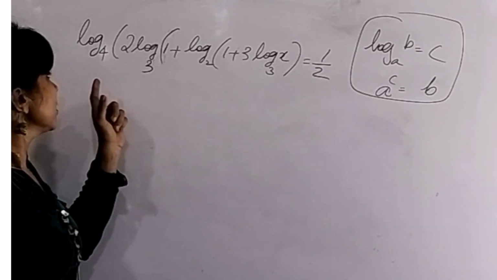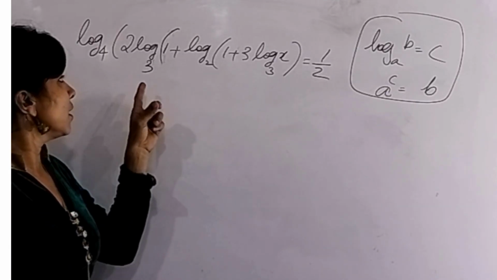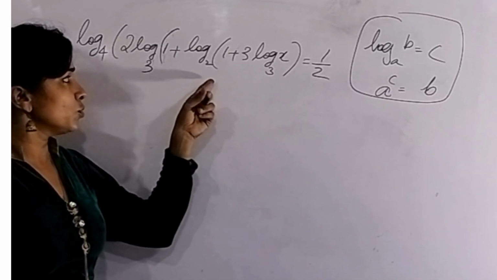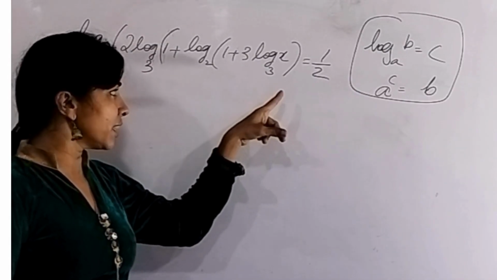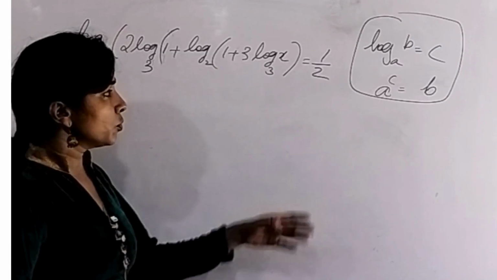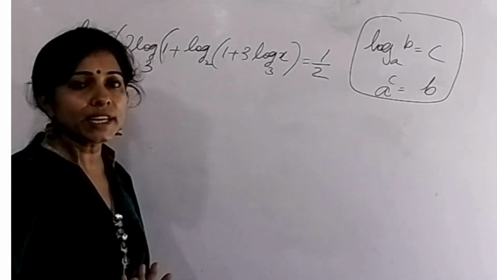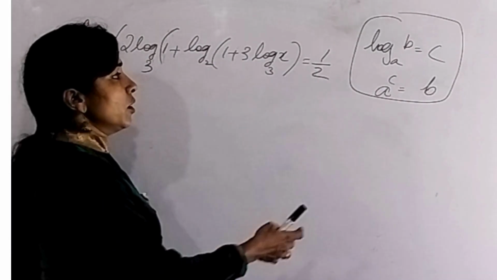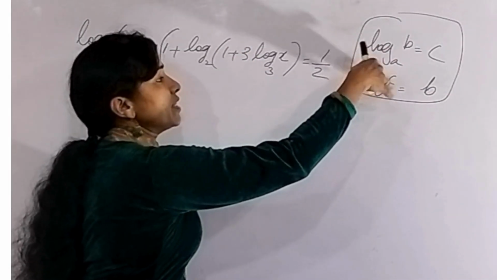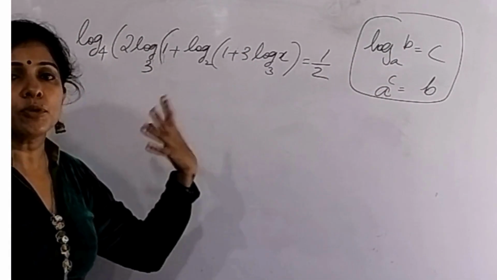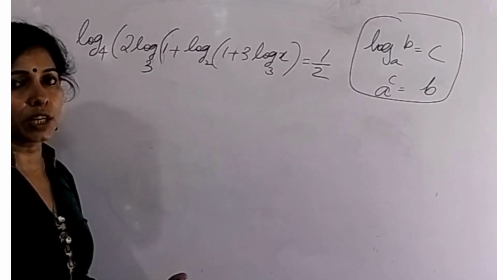The problem is log base 4 of 2 log base 3 of (1 plus log base 2 of (1 plus 3 log base 3 of x)) is equal to 1 by 2. We know what an exponential function and a logarithmic function are. For this problem, we always apply this rule: when we remove the logarithm, it becomes an exponential function.